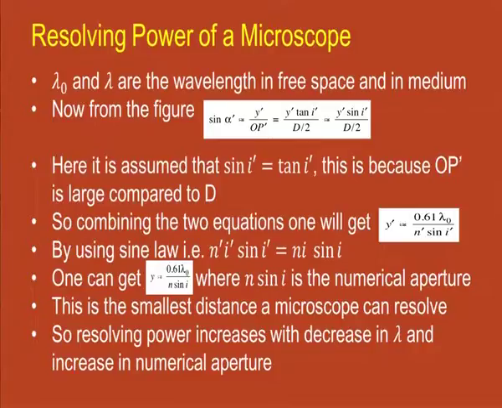So, combining the two equations, one will get y prime equal to 0.61 lambda 0 divided by n prime sin I prime, and by using the sine law, n prime y prime sin I prime is equal to n y sin I, one can get y equal to 0.61 lambda 0 by n sin I, where n sin I is the numerical aperture.